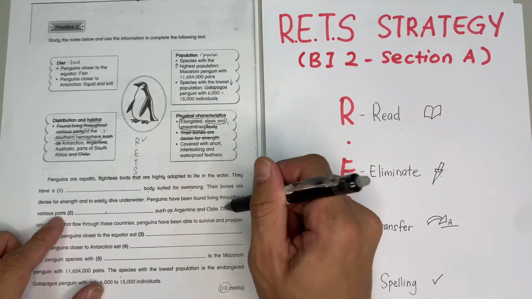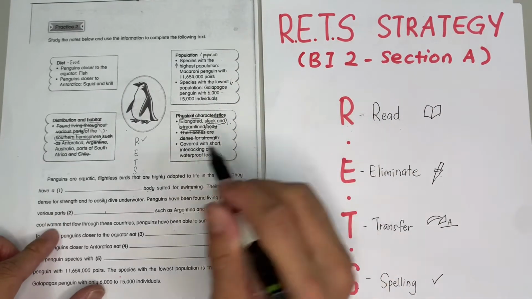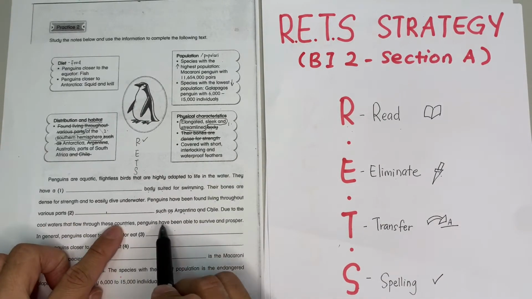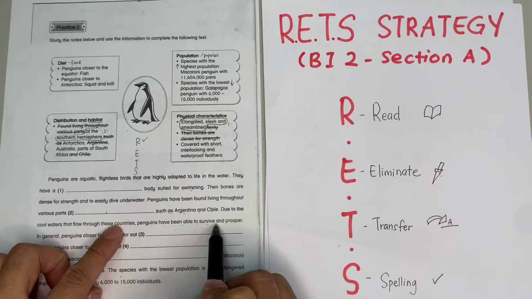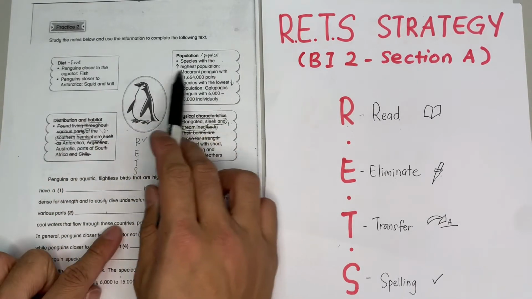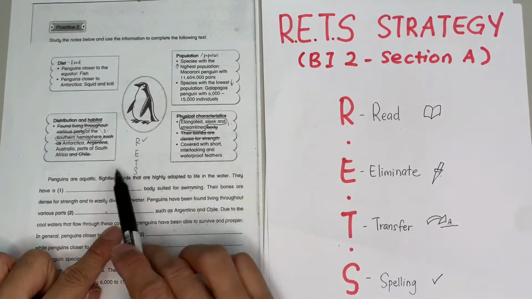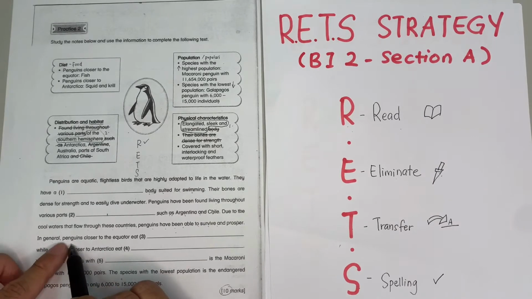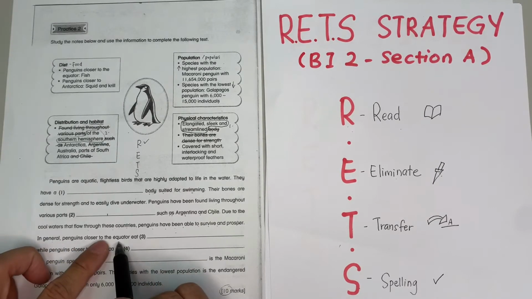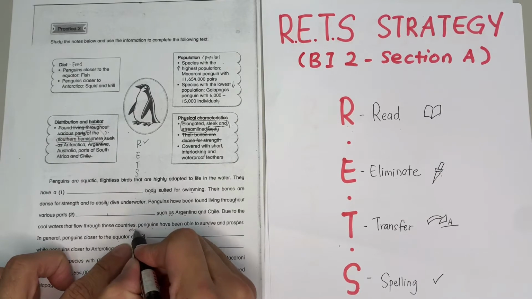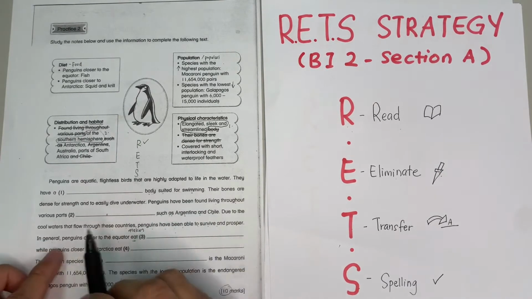Okay, due to the cool waters that flow through these countries, penguins have been able to survive and prosper. Is it mentioned at the top here? Survive and prosper? No. Okay, next, skip. In general, penguins closer to the equator eat. This is a keyword here. Eat, makan. What do they eat?